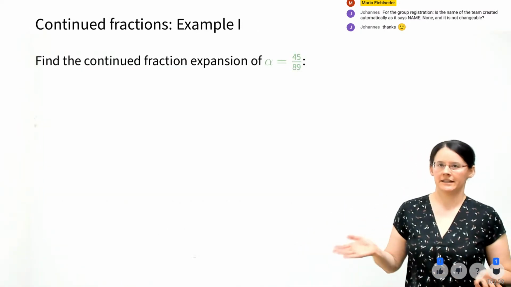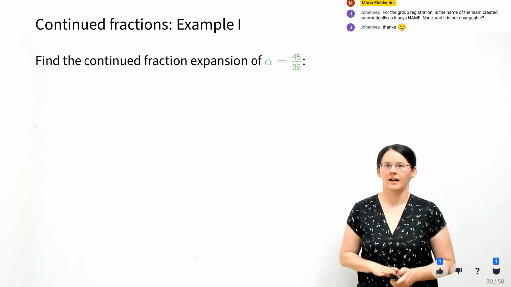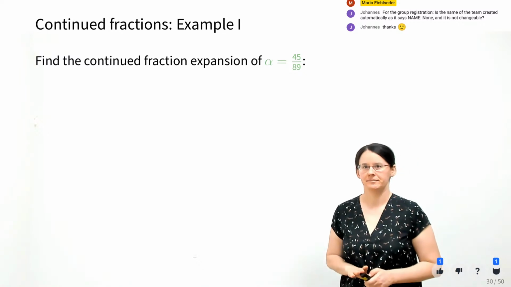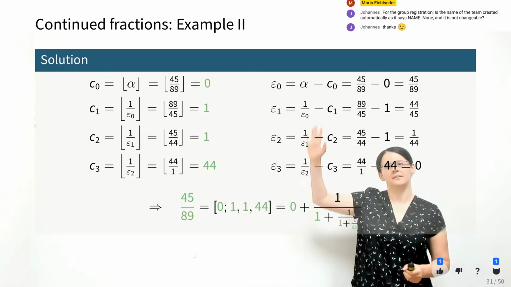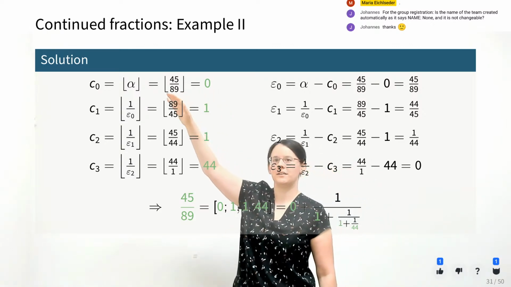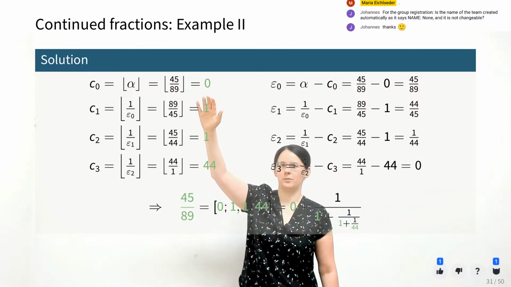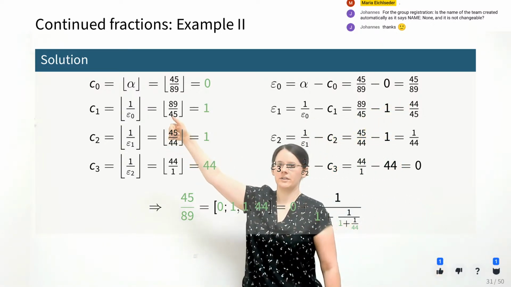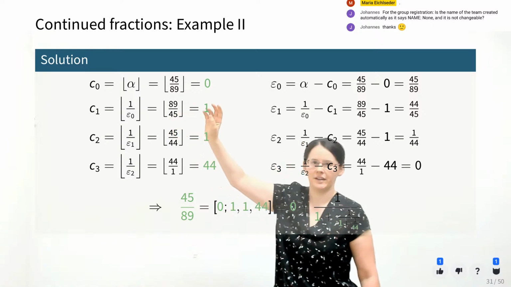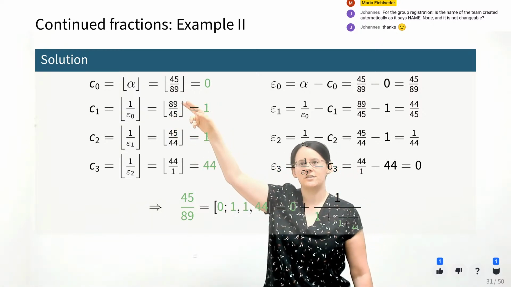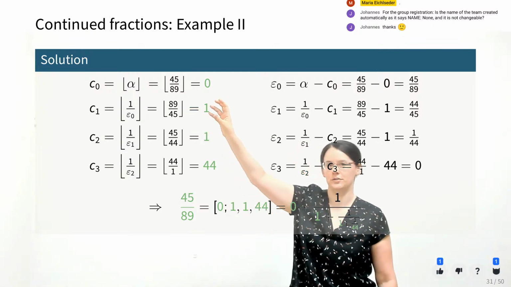And let's have a look at a small example, namely alpha, which is 45 divided by 89. So let's just go through the steps quickly. It's very simple. We take the number, since it's between 0 and 1, the integer part is 0, the rest is the number itself. Now I invert it, so it's now 89 divided by 45, and I round down. Since this is just slightly below 2, the integer part is 1.